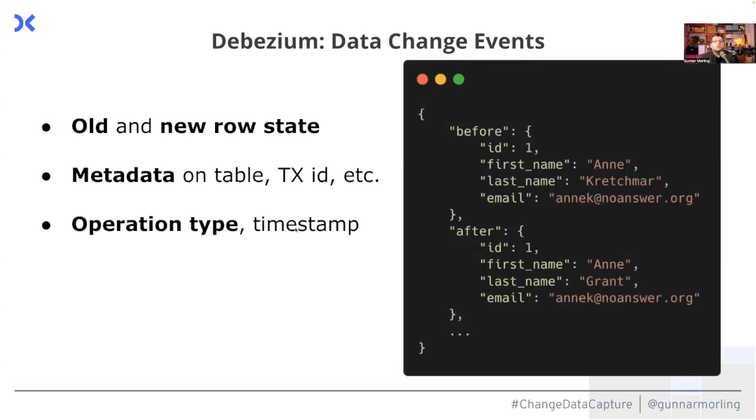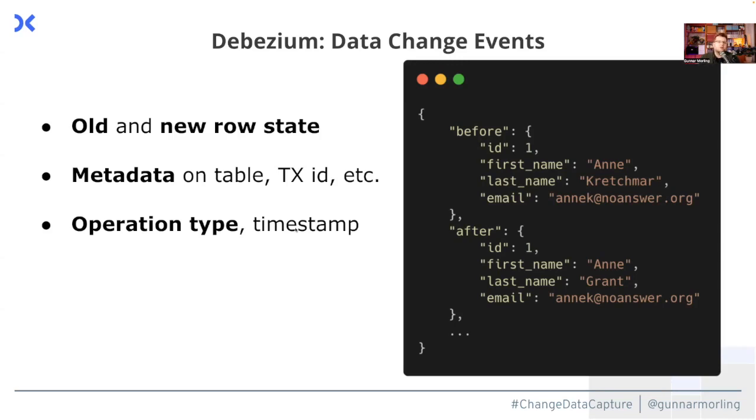Just in terms of what those change events look like, again, to recap a little bit if you haven't been using it before. Essentially the change events, most importantly, describe the old and the new state of a row in your database. And by the way, it could also be, for instance, a document in the case of MongoDB or a row in Cassandra. So it's not only limited to relational databases. Now, within those before and after parts, they are structured like your actual database tables.